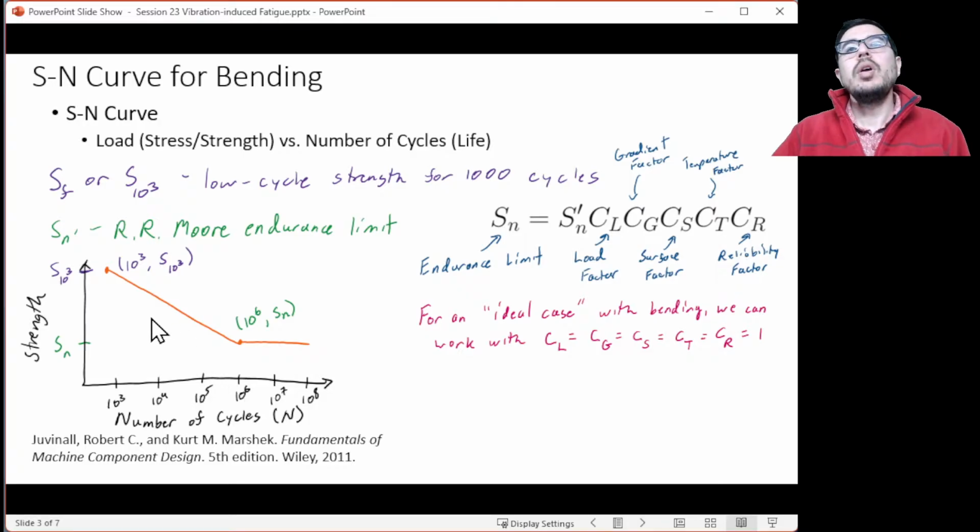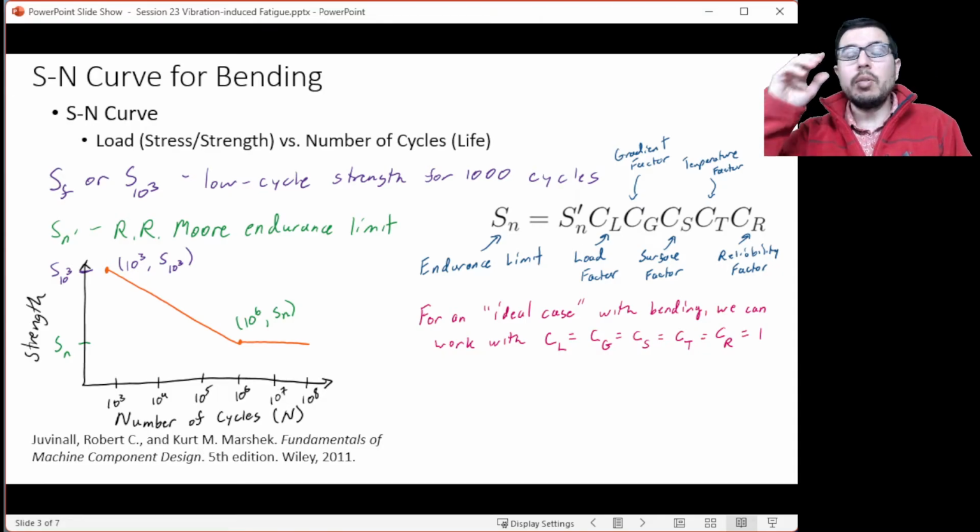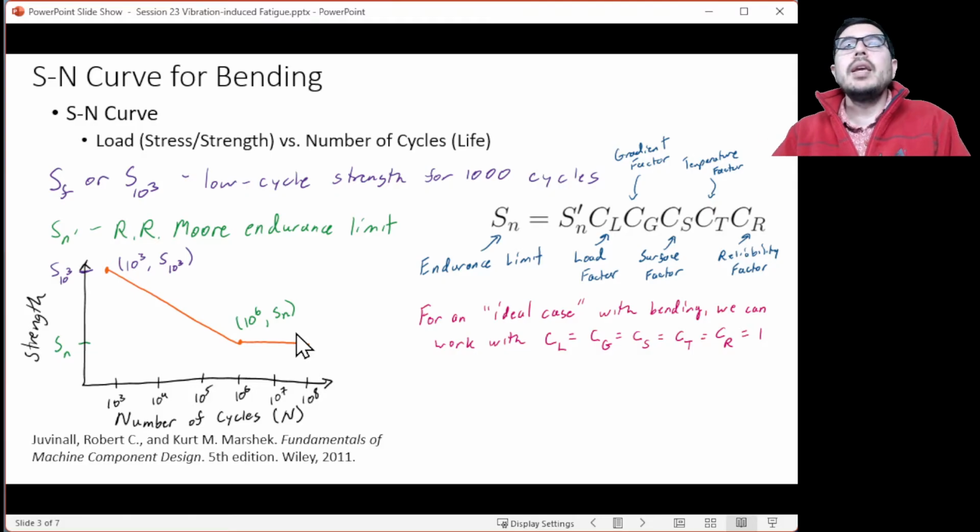Okay, so the way this curve works is if the loading is under the endurance limit, which is this Sn right here, so let's say that the stress that you have is under the endurance limit strength, then we would suggest that for steel or many of these normal ductile materials, you're going to have infinite life.